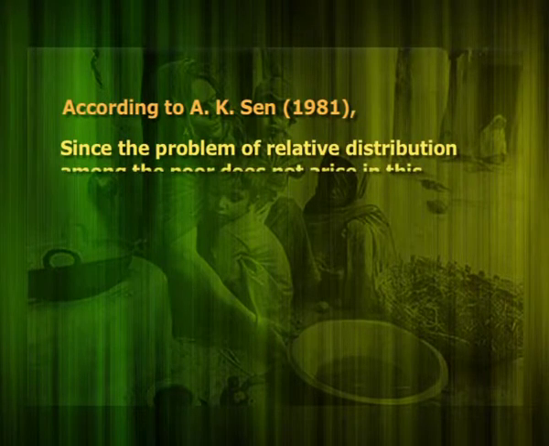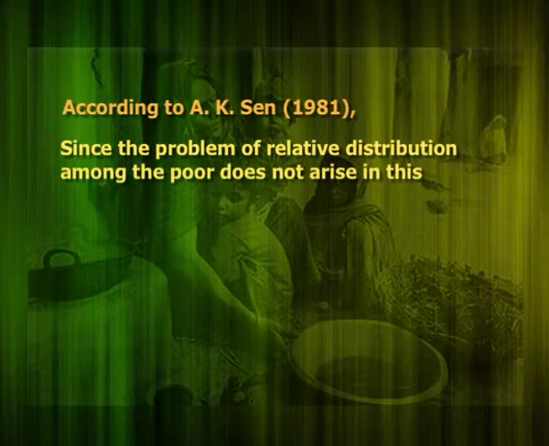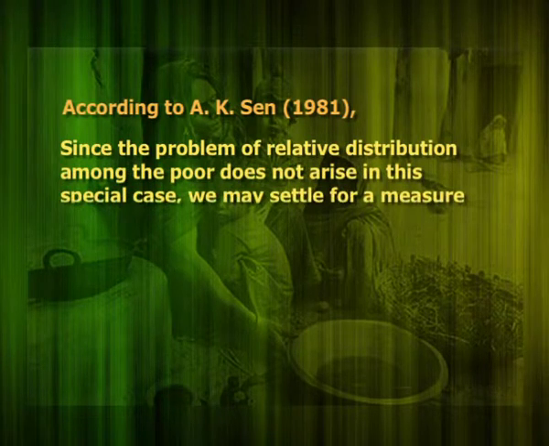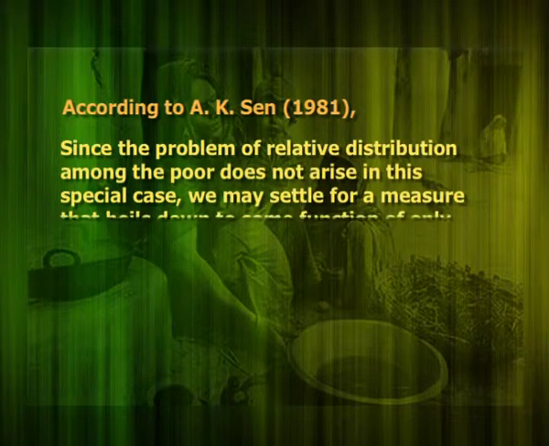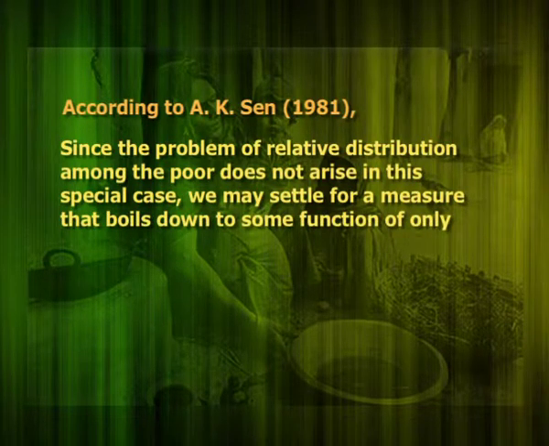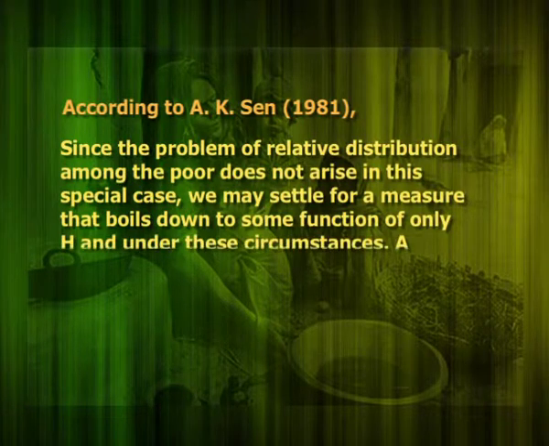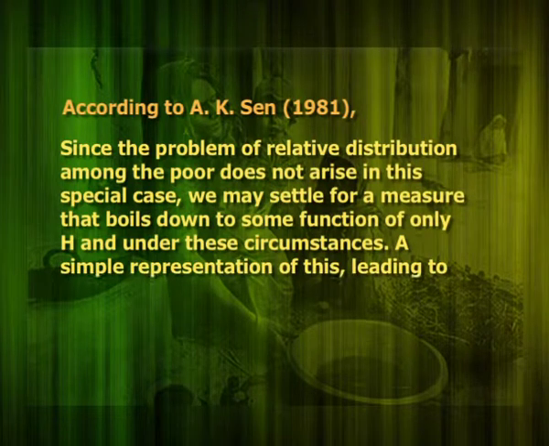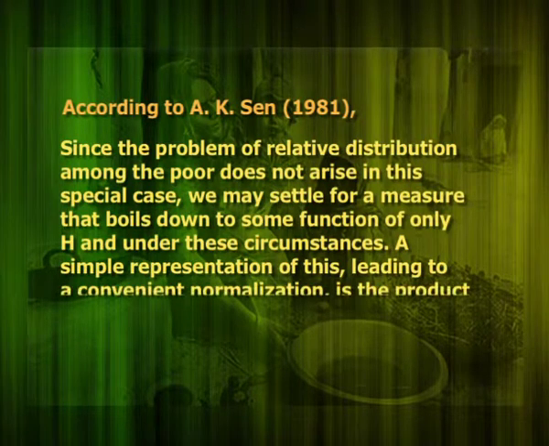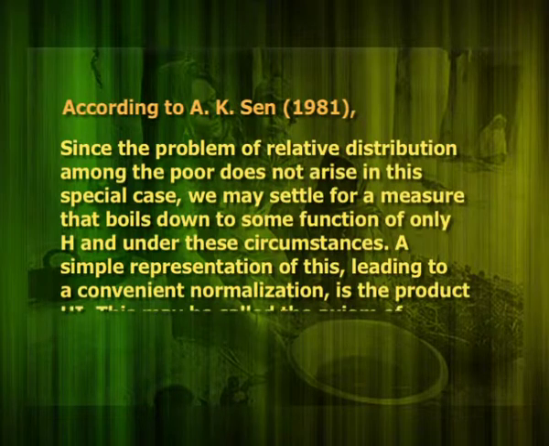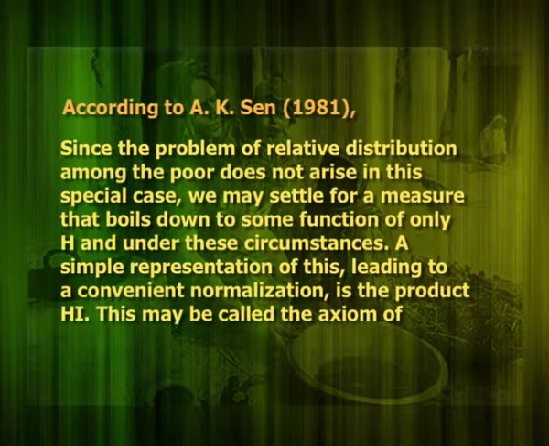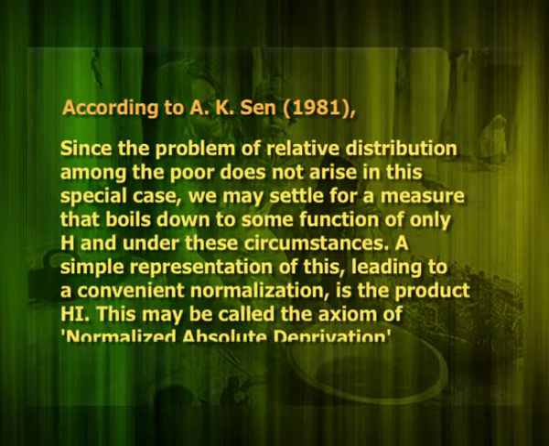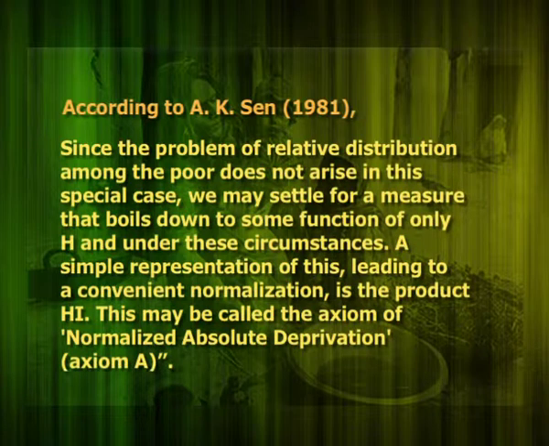Since the problem of relative distribution among the poor does not arise in this special case, we may settle for a measure that boils down to some function of only H and I under these circumstances. A simple representation of this, leading to a convenient normalization, is the product HI. This may be called the axiom of normalized absolute deprivation, which is axiom A.